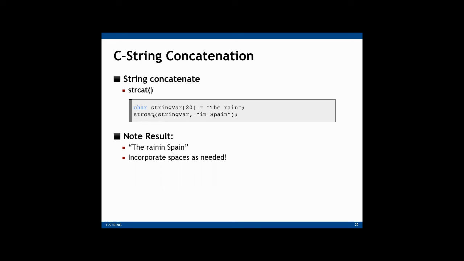But when you are using the strcat function, be aware that you have to incorporate spaces as needed. For this one, the output of the strcat function has no space between these two C-strings. So if you want a space, you have to manually incorporate it here.